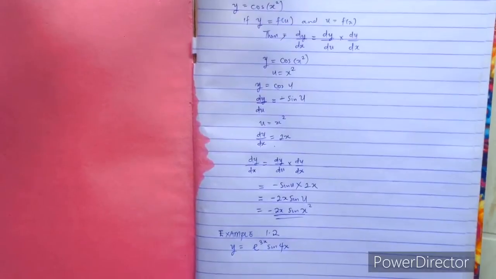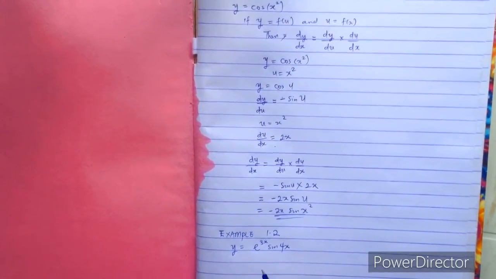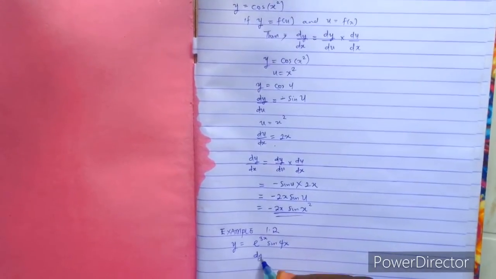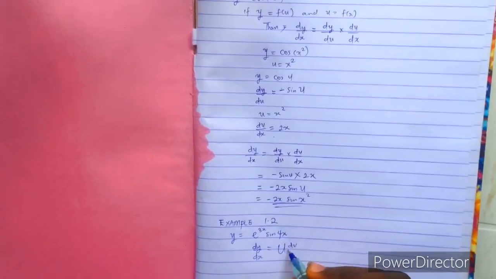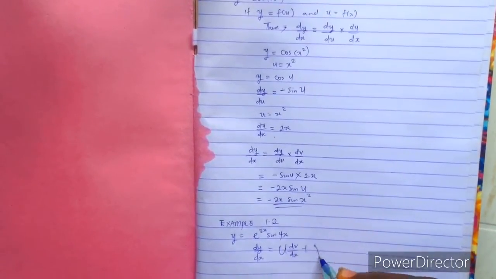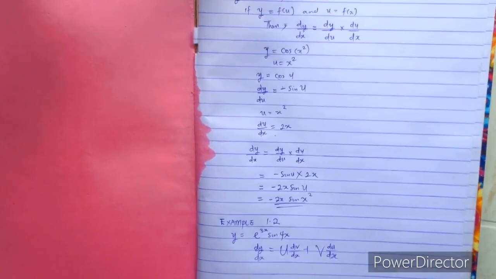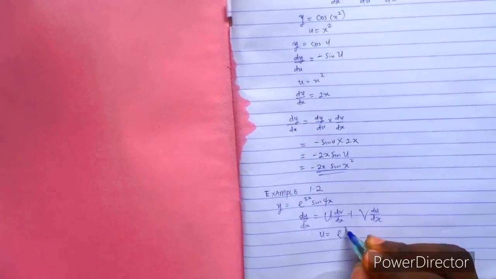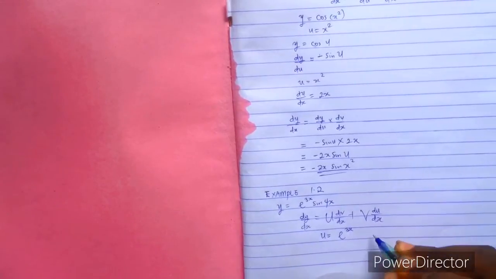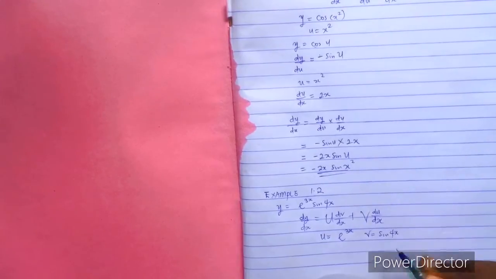This is under the product rule, and if you remember the product rule, dy/dx equals u dv/dx plus v du/dx. So our u equals e to the power 3x and our v is sine 4x.